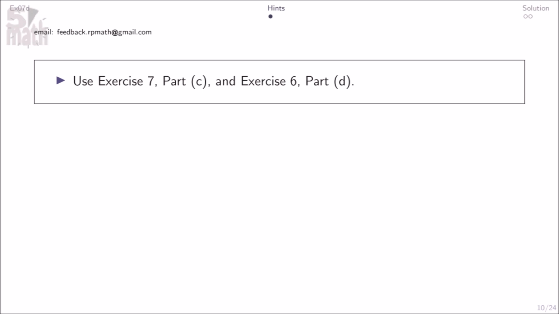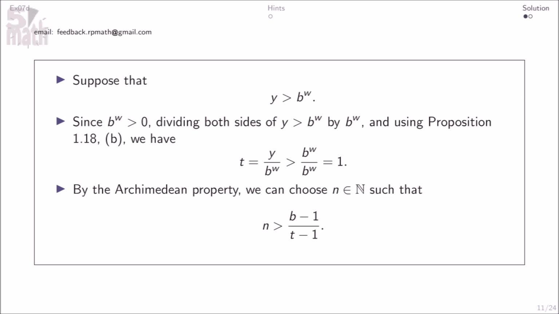Use exercise 7 part C and exercise 6 part D. Suppose that y > b^w. Since b^w > 0, dividing both sides of y > b^w by b^w and using proposition 1.18b, we have this. By the Archimedean property, we can choose n an element of the natural numbers such that n > (b − 1)/(t − 1).